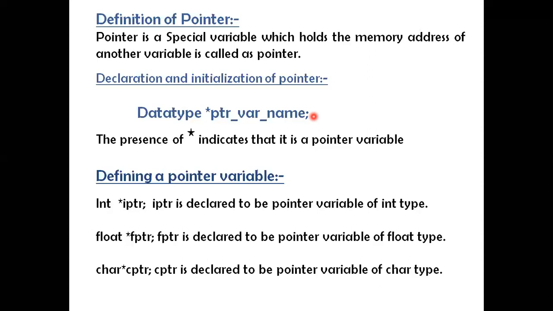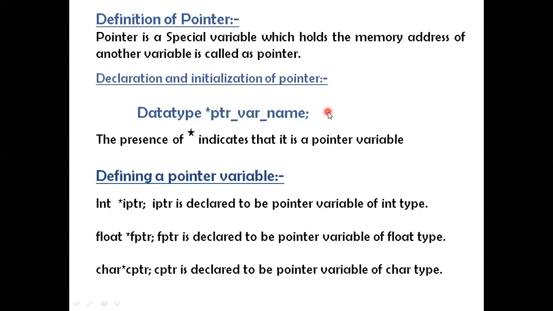Now you can compare the two syntaxes: the first one is the declaration of a normal variable and the other is the declaration of a pointer variable. Both look almost the same. The only thing is, in a normal variable we don't have any special operator like star, but in the pointer variable we mention the special operator called asterisk. This asterisk plays a key role.